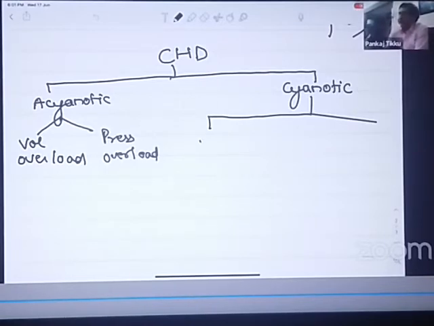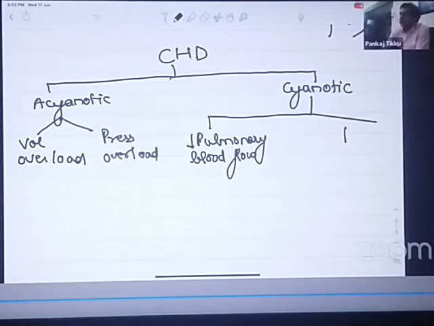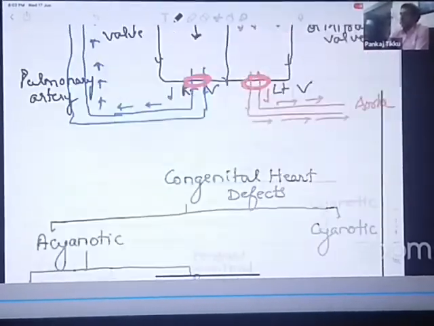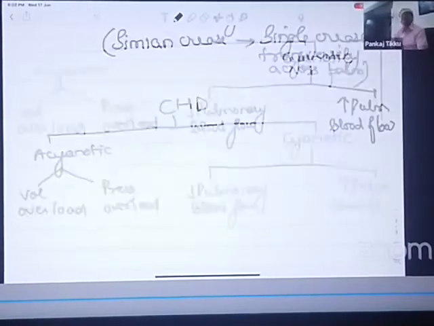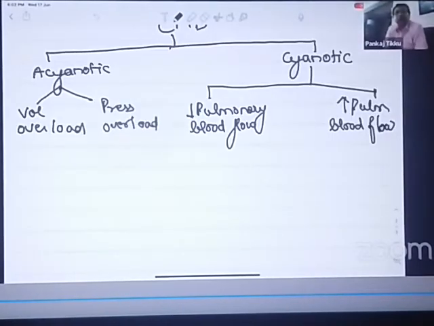Those which are associated with reduced pulmonary blood flow, second, those which are associated with increased pulmonary blood flow.